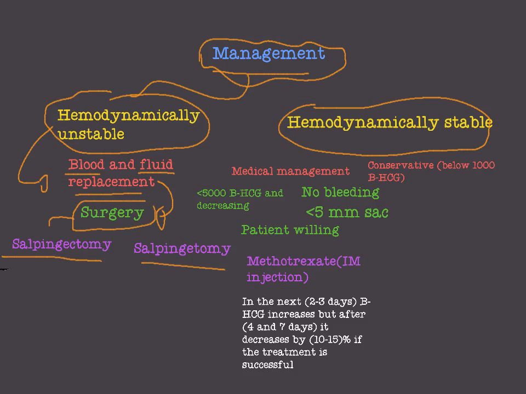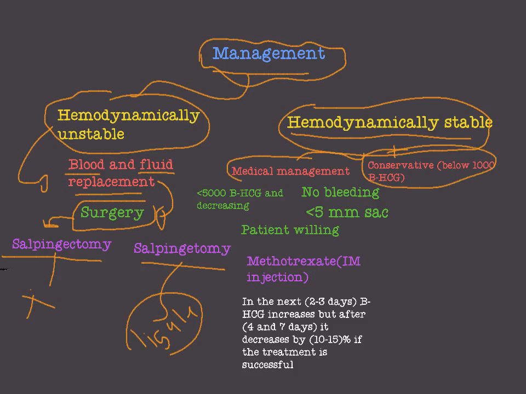In salpingectomy we remove the tube. In salpingostomy we cut from both sides around the ectopic sac, remove it, and ligate the tube. If we have a hemodynamically stable patient, we can do conservative or medical management.